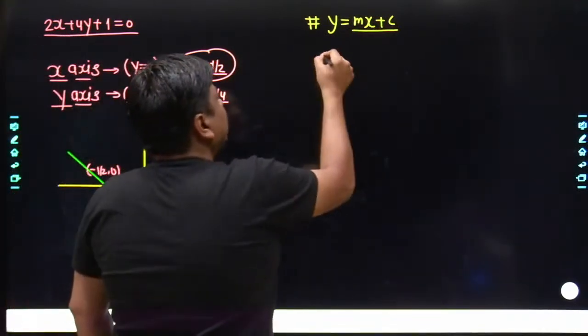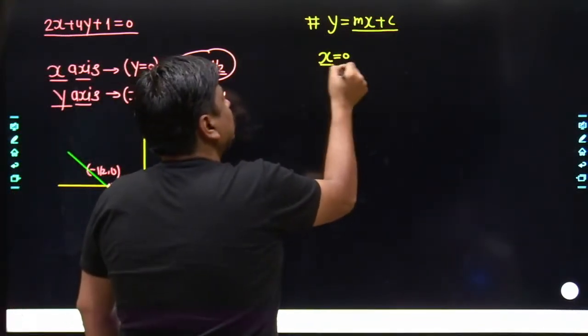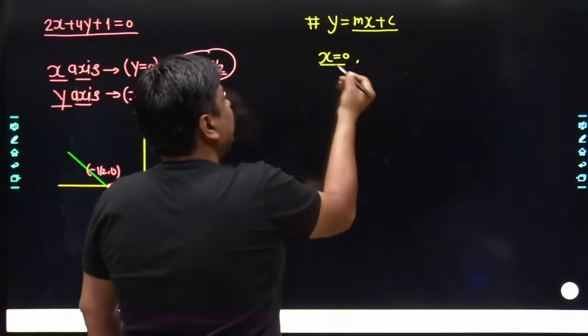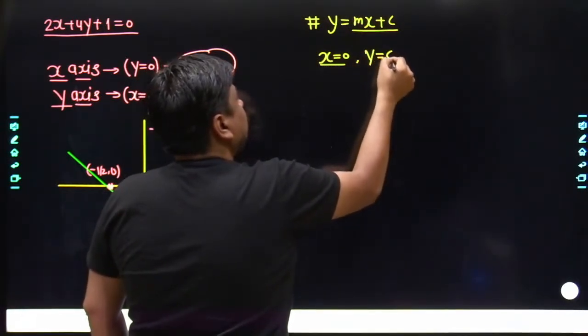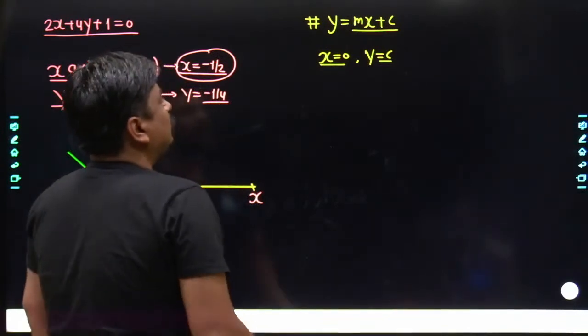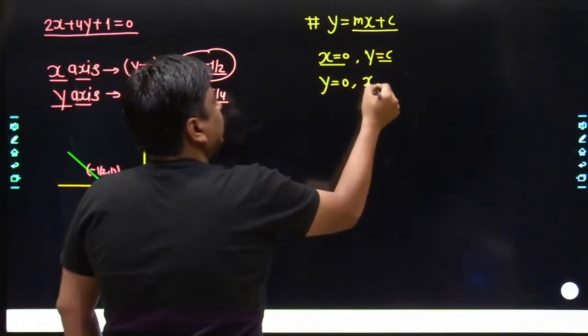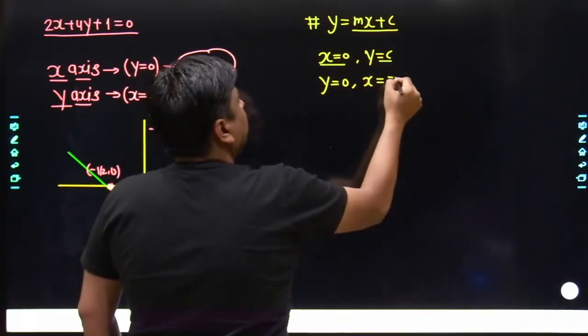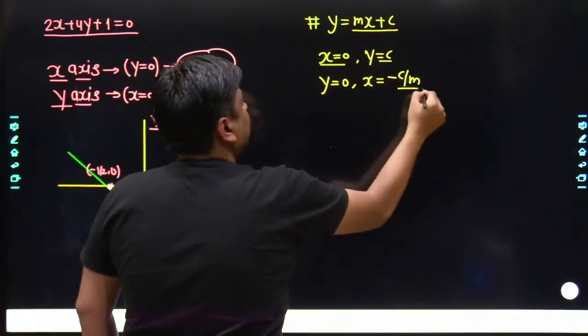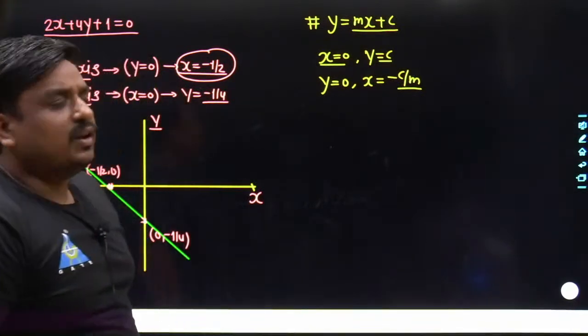At the very beginning, I am going to keep x is equals to 0, and when x has been fed as 0, y has been found to be c. Similarly, when I feed y is equals to 0, x has been found to be minus c divided by m. It is a very, very important outcome.